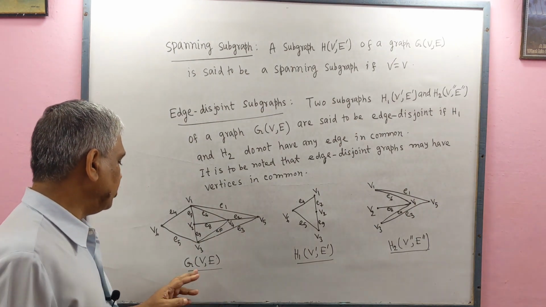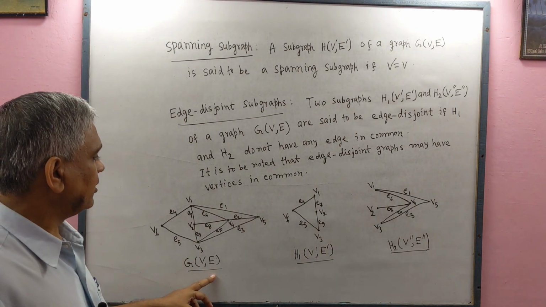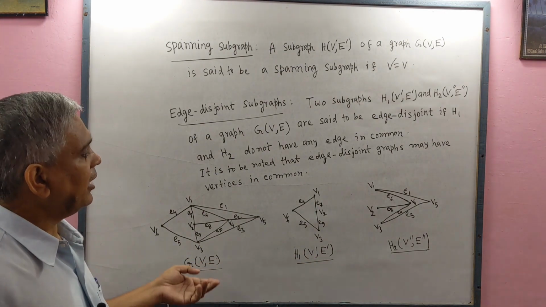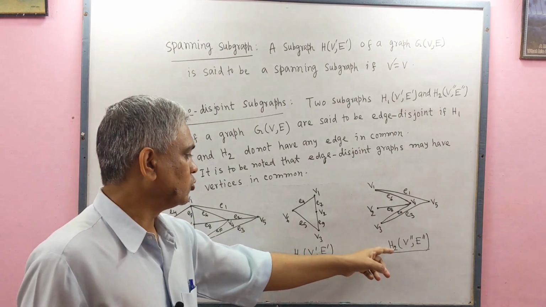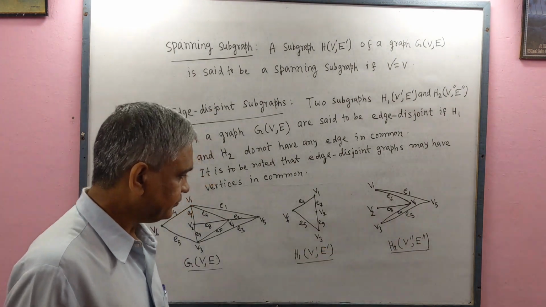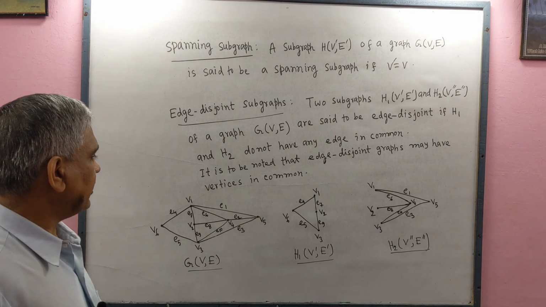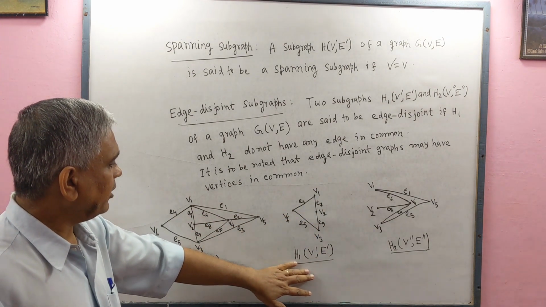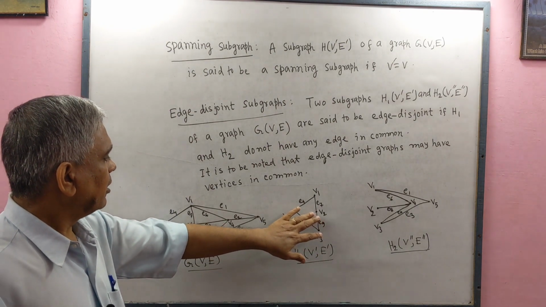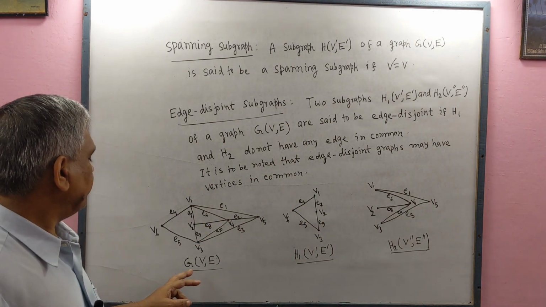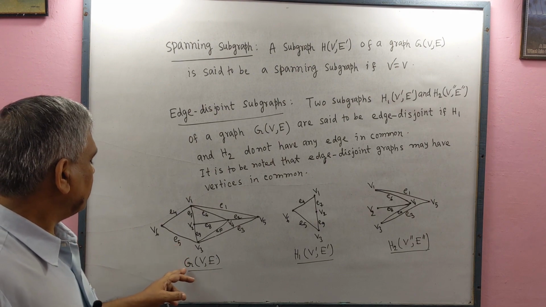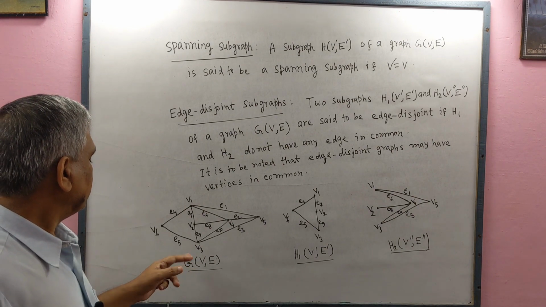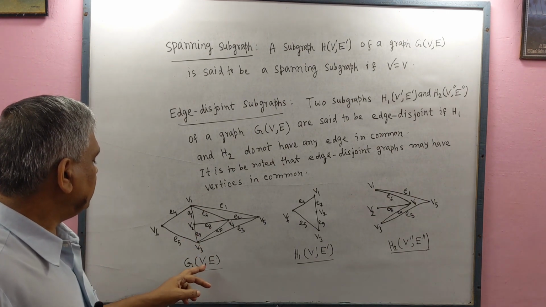Let G(V, E) be a graph and H1(V', E') be a subgraph of G(V, E). Another subgraph is H2(V'', E''). Here we see that each vertex of H1 is taken from the vertices of G(V, E) and each edge is also taken from the edges of G(V, E).